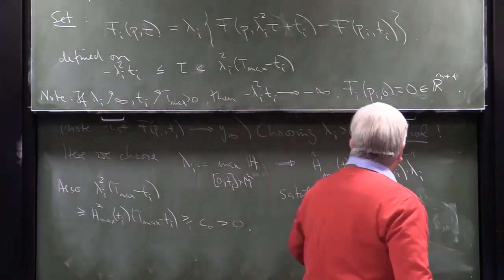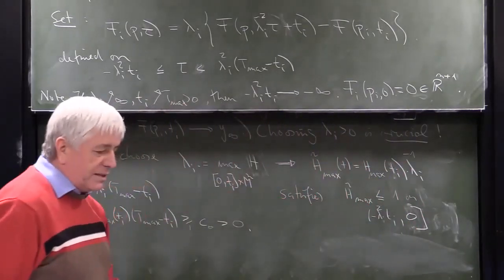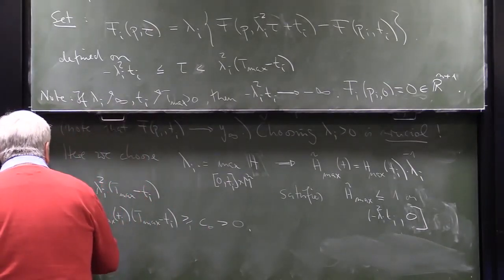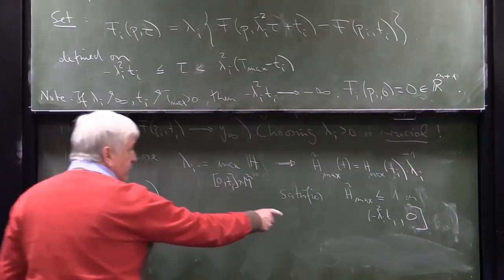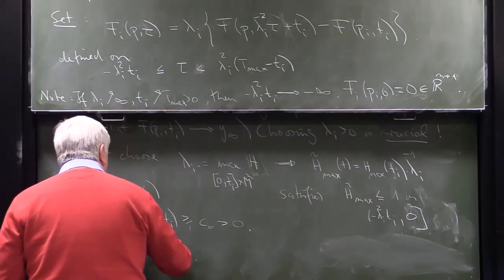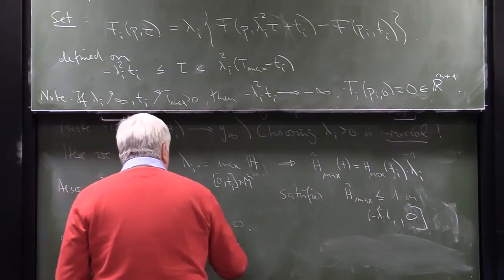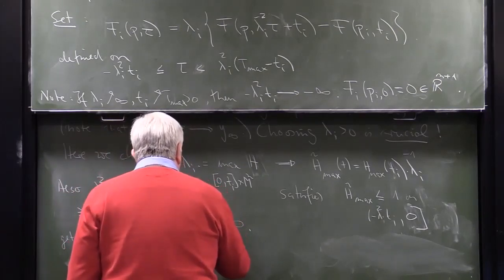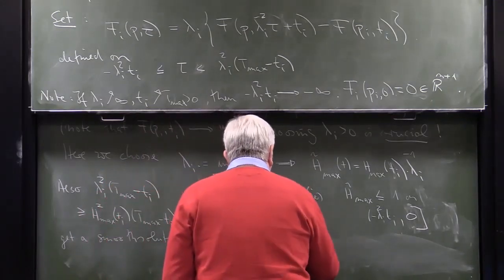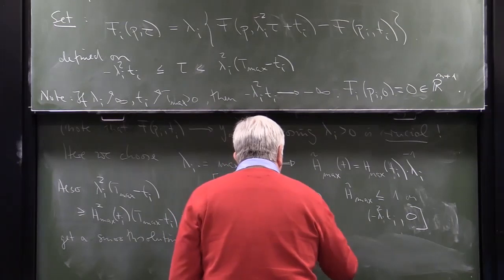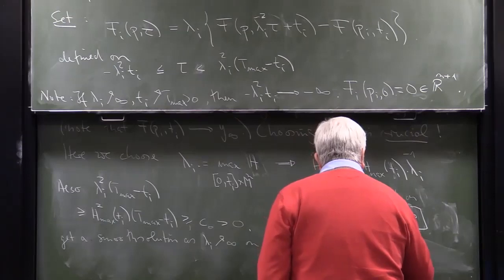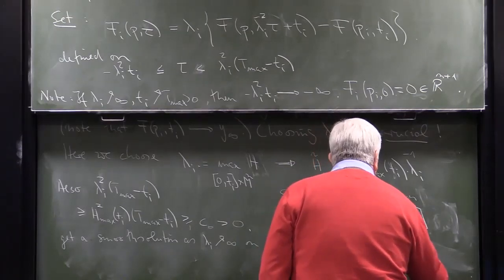So we get a uniform bound, mean curvature less than 1 up to time 0, but we get a smooth solution as i tends to infinity on minus infinity, and then we get this tau max. And this tau max is between 0 and infinity.